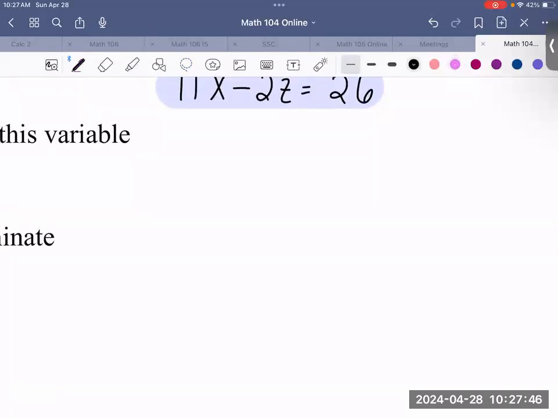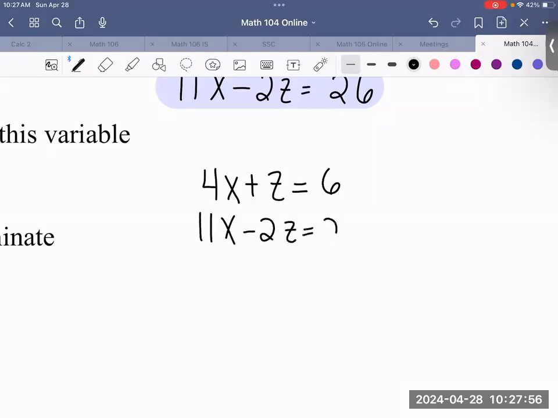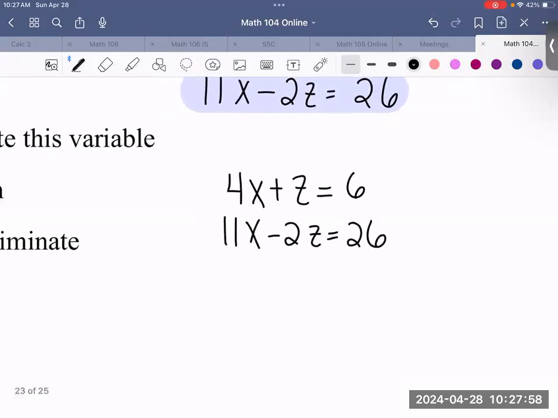We had 4x plus z is equal to 6, and 11x minus 2z is equal to 26. Now, have we seen something like this before? Yes, we have seen this before. This is exactly 2.3. So pause the video, see if you can take it away from here.